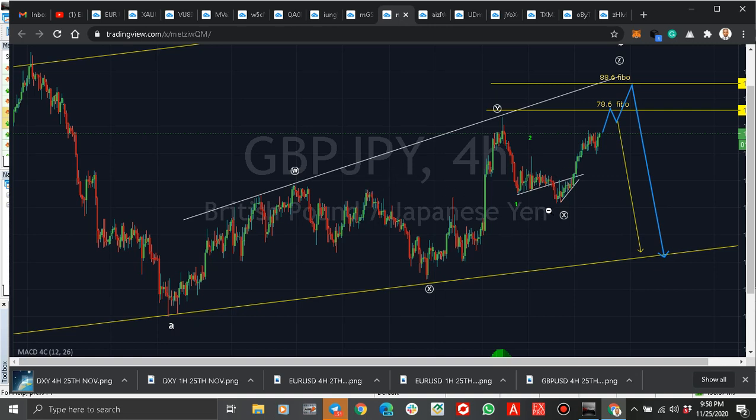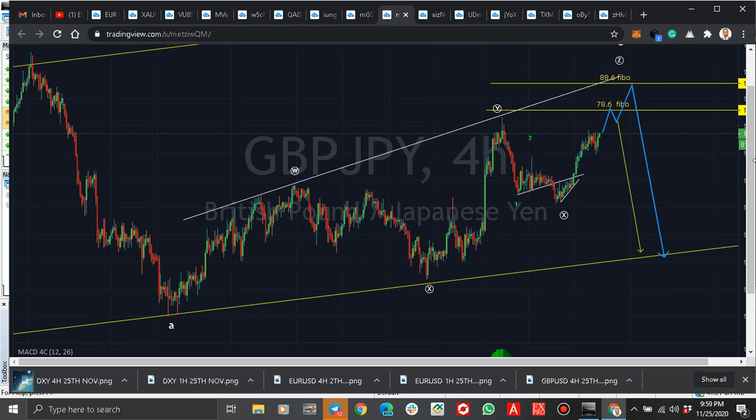I expected that we will have a sell from here or from here, but it didn't happen like that. So I'm expecting a 5-wave correction, WXYXZ.